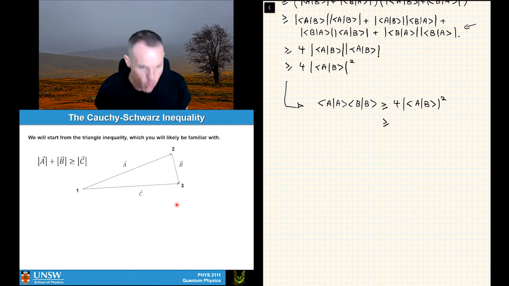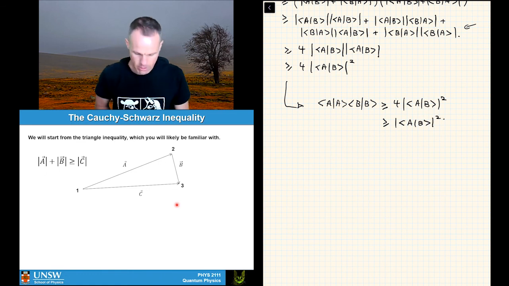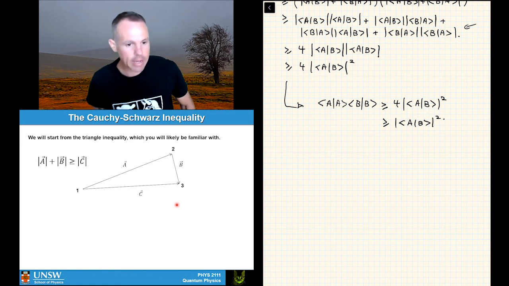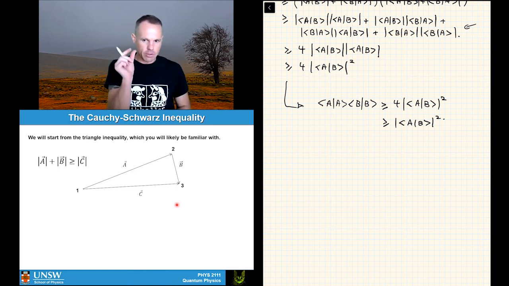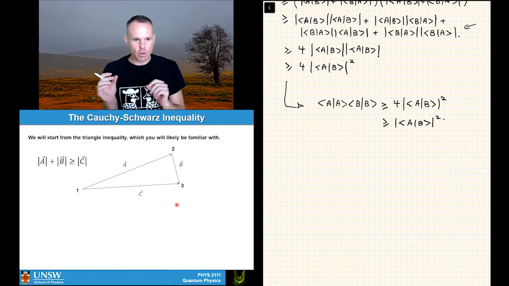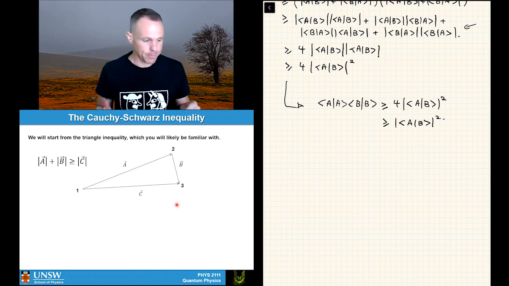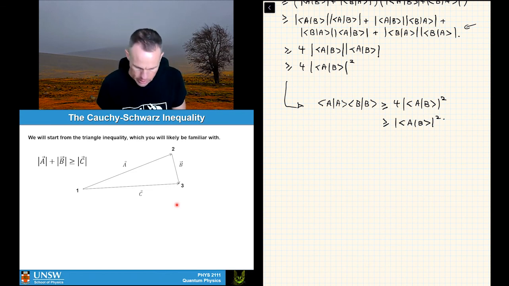So this thing is always going to be greater than or equal to just (A,B) squared, okay? So what we're saying is the inner product of A with itself times the inner product of B with itself is always going to be greater than the square of the inner product of A and B. Really useful relation, and this is our Cauchy-Schwarz inequality.